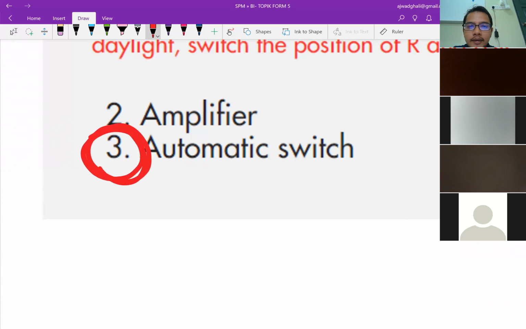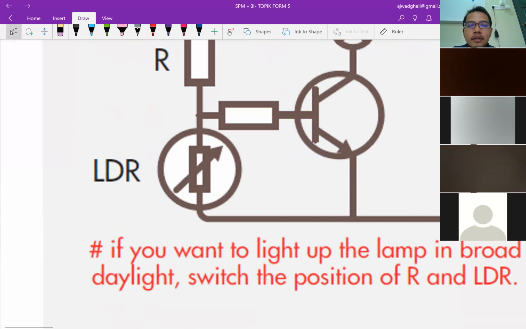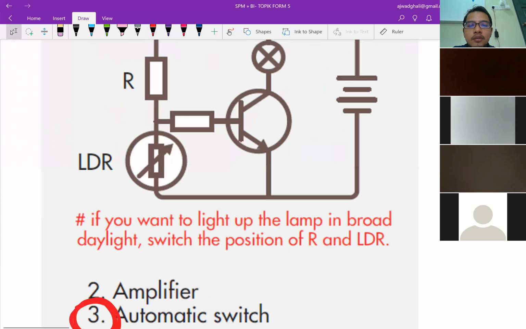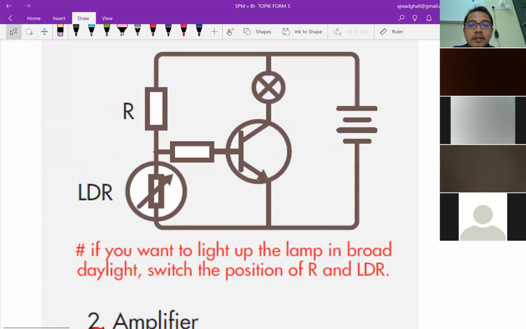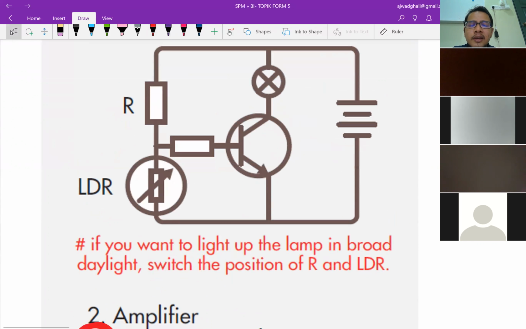And most of the time, the automatic switch is this one, a light dependent resistor. How does it work?